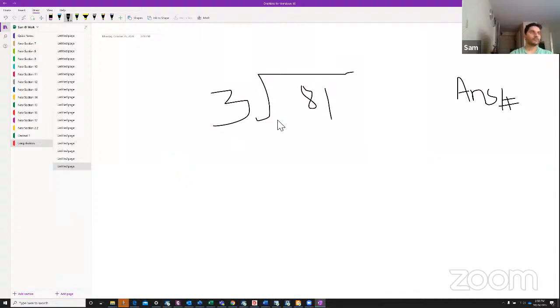Okay, let's work together. So we have 81. We're going to divide 81 by 3. What we could do is restart at the very first digit. So 8, right? And we're going to divide by 3. 8 is greater than 3, so we could divide. 3 times 3 is going to be 9, so we cannot go to 3.